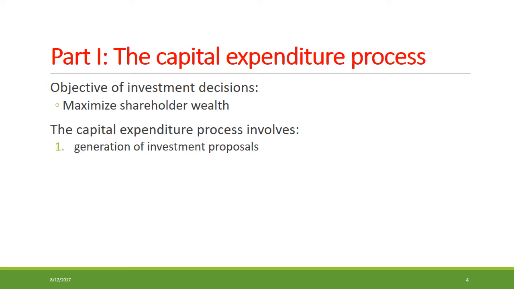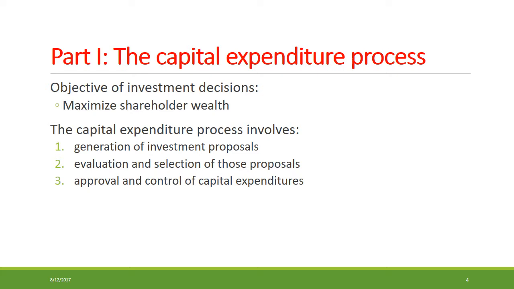So the capital expenditure process involves the following steps. We first look at investment proposal. So we first go out and see what are the available investments that we can invest in. We then try to work out the values of these different investment projects so that we can pick the best one, right?